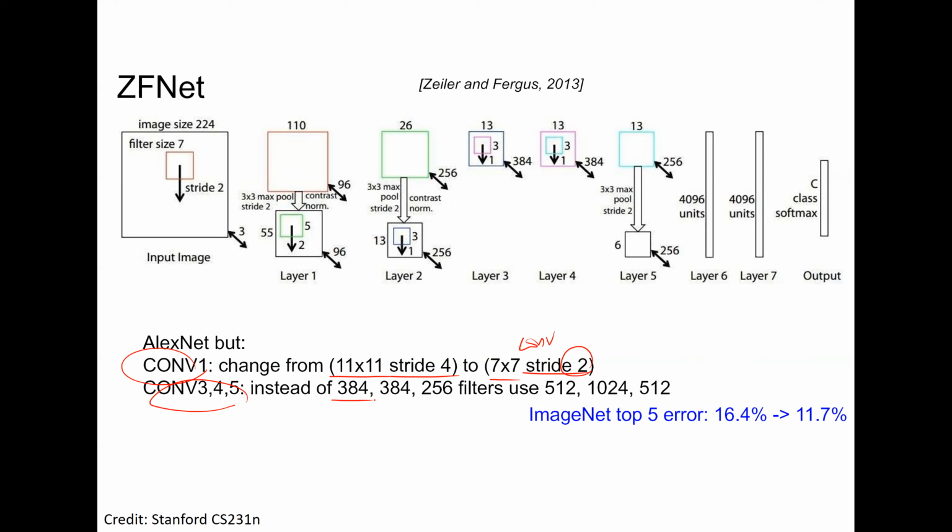Instead of using 384 and 256 filters, they used these numbers, and the top 5 rate reduced like this. Therefore, ZFNet was just a re-implementation of AlexNet. However, they also demonstrated that different configurations would result in different performance.